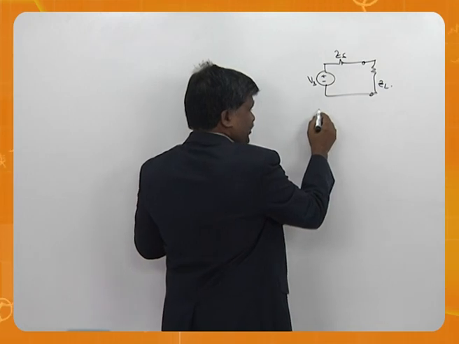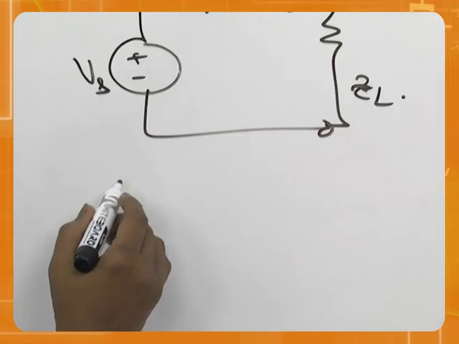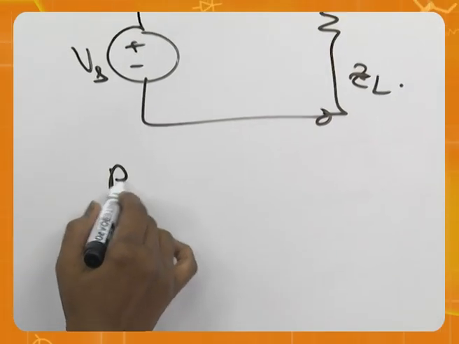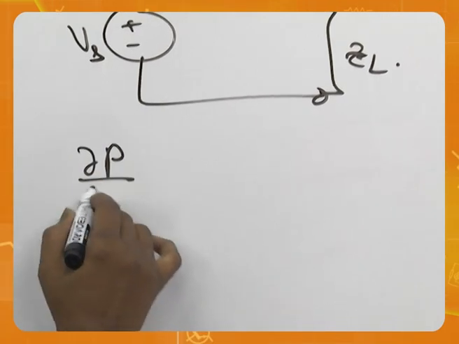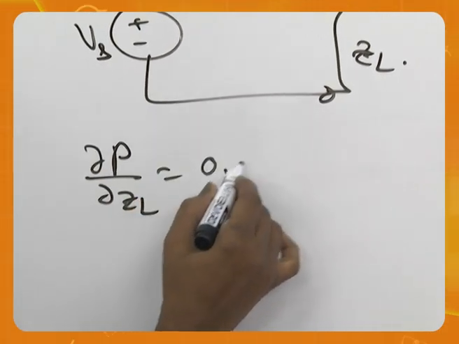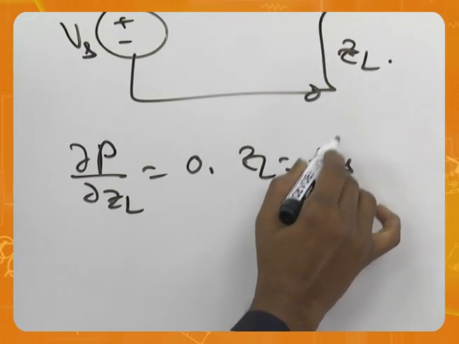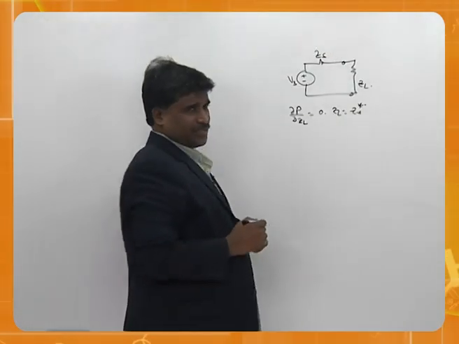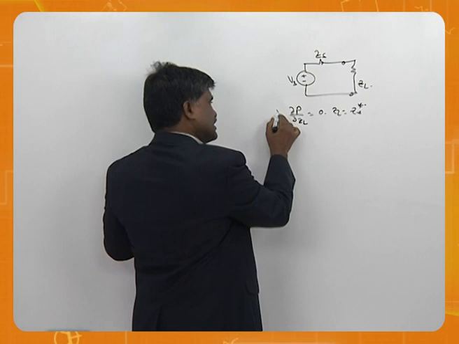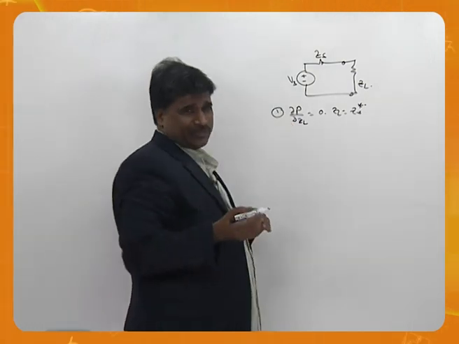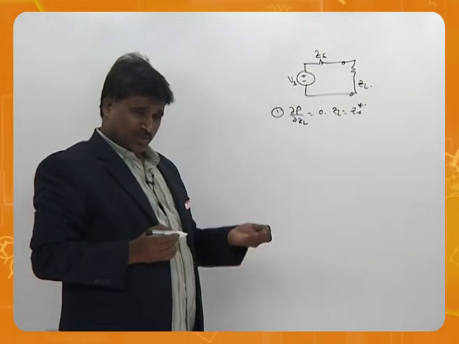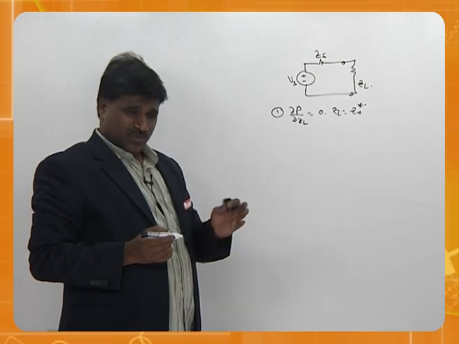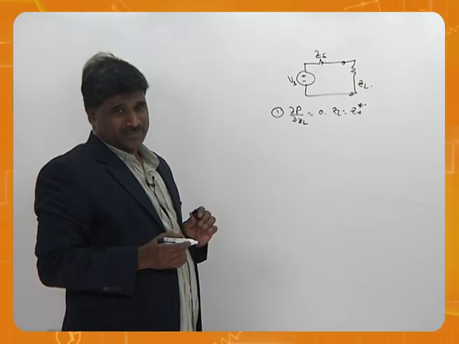So, please understand, for maximum power transfer, ZL will come as ZS complex conjugate. This is called the actual theorem. The corollary of the theorem is, corollary means reverse way of telling.